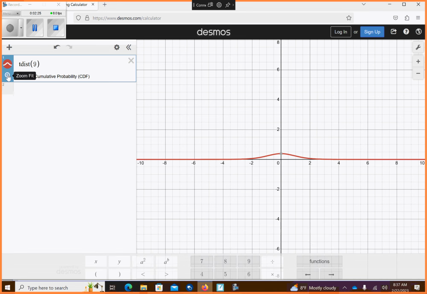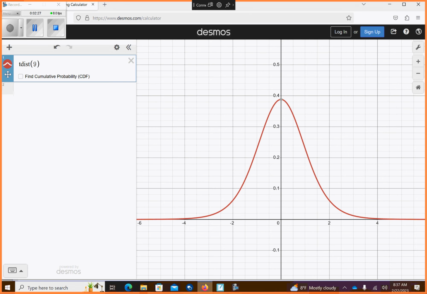So if we hit the plus, there is our T distribution, which looks very similar to a normal distribution. Agree? Okay. And we want to produce a 95% confidence interval, produce a 99% confidence interval, and then kind of compare the two.